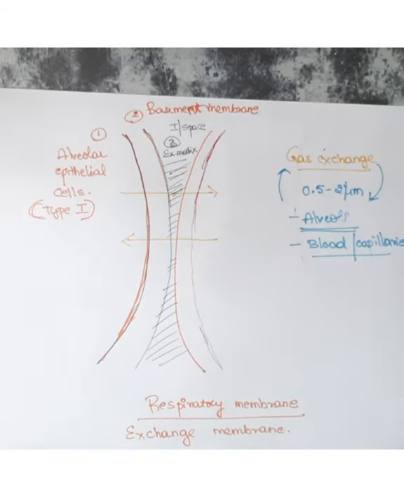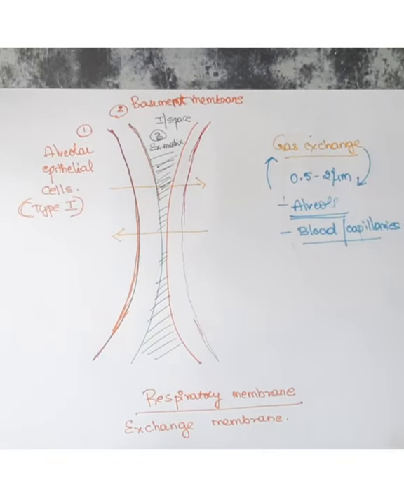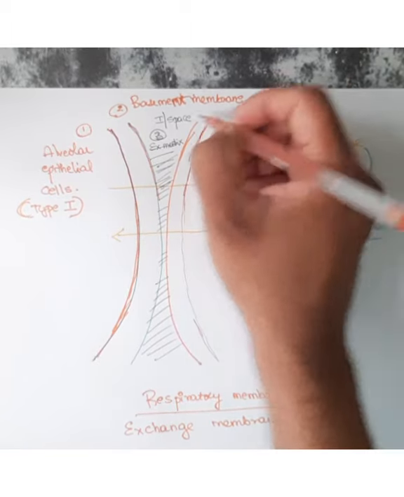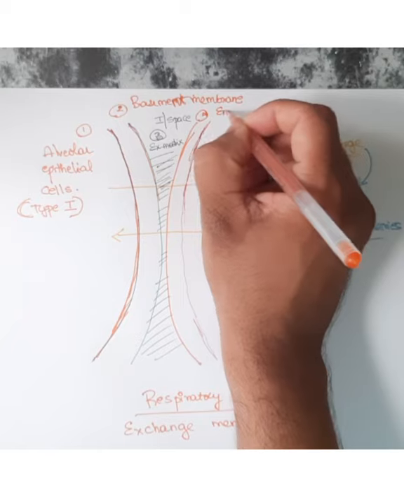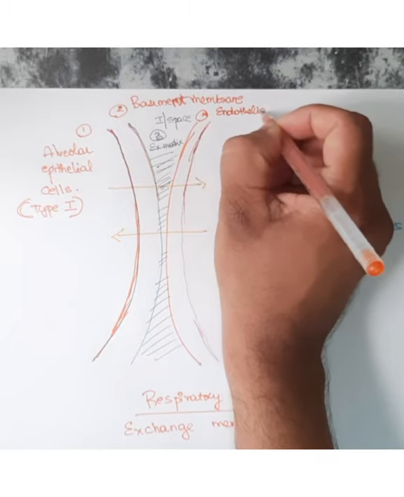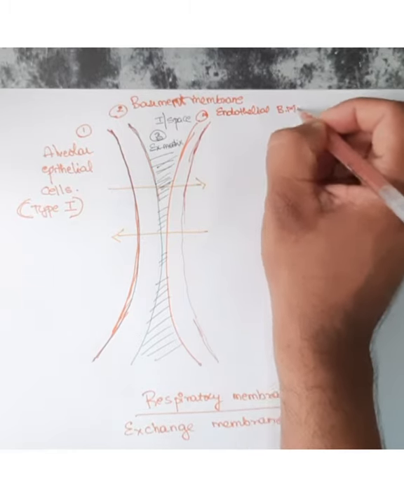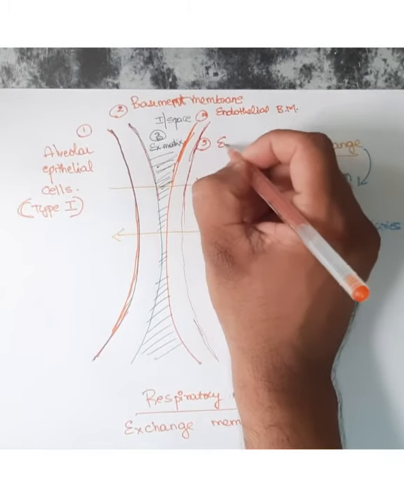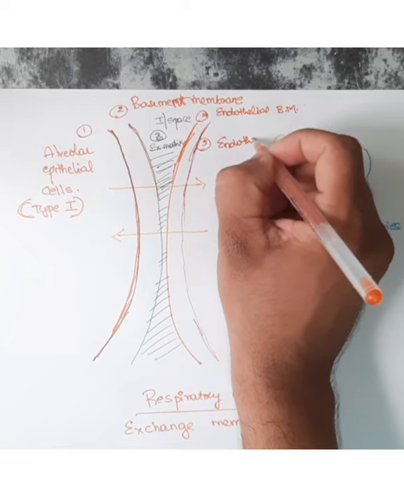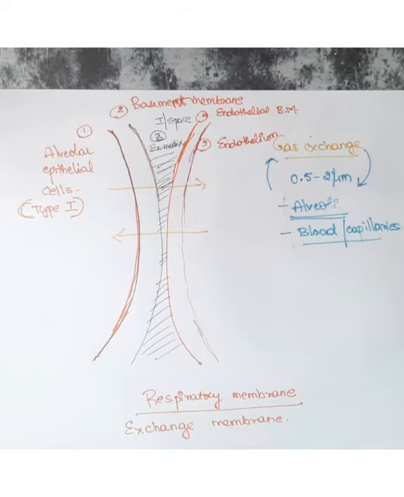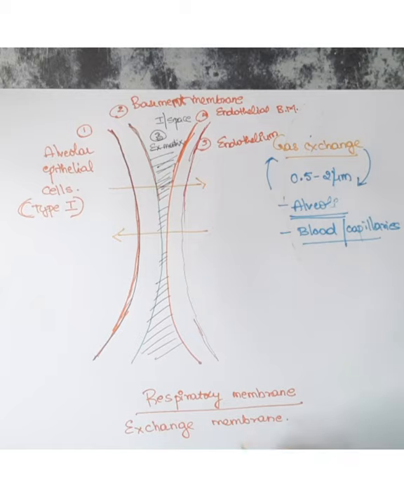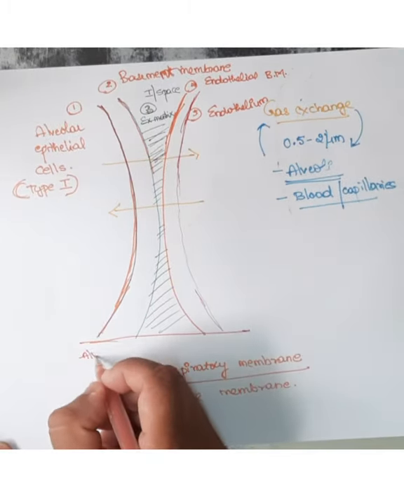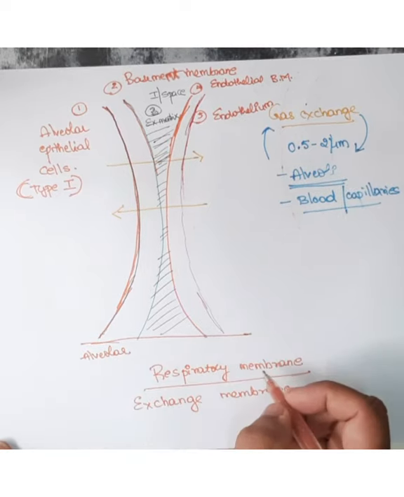And the next, the fourth, is the endothelial basement membrane, and the fifth, the endothelium of the capillaries.